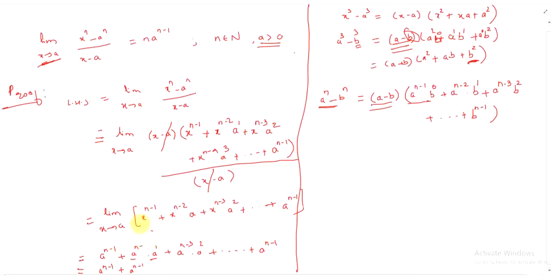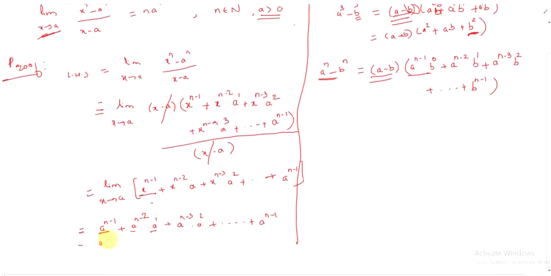Here the first power is n minus 1, and after substituting the limit it becomes a raised to n minus 1. For the second term, x raised to n minus 2, it becomes a raised to n minus 2, so minus 2 plus 1. If you are not getting it here, then I will replace this from here and see.